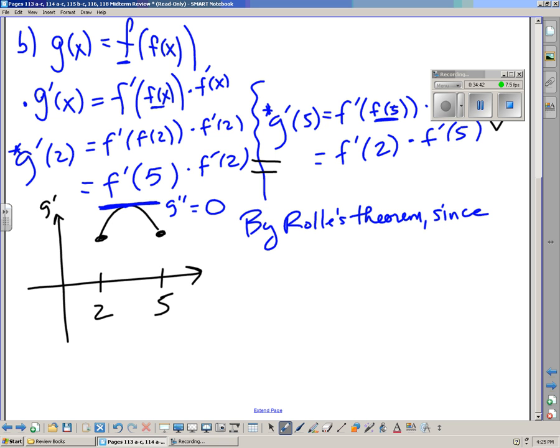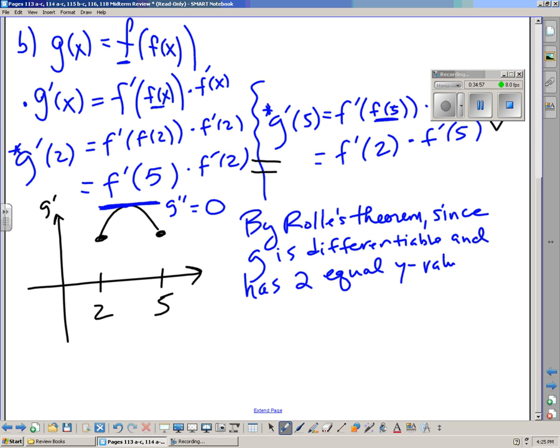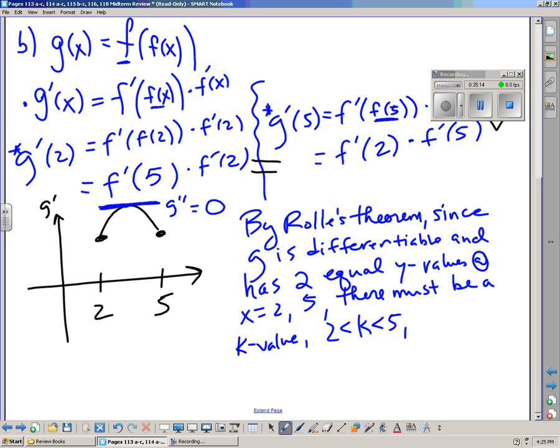So by Rolle's theorem, since g is differentiable and has two equal y values at x equals 2 and 5, there must be a place, a k value, such that k is between 2 and 5, such that g double prime of k is equal to 0.